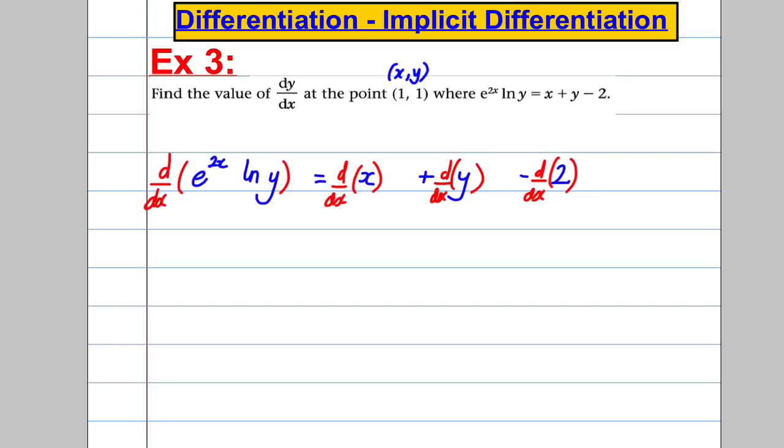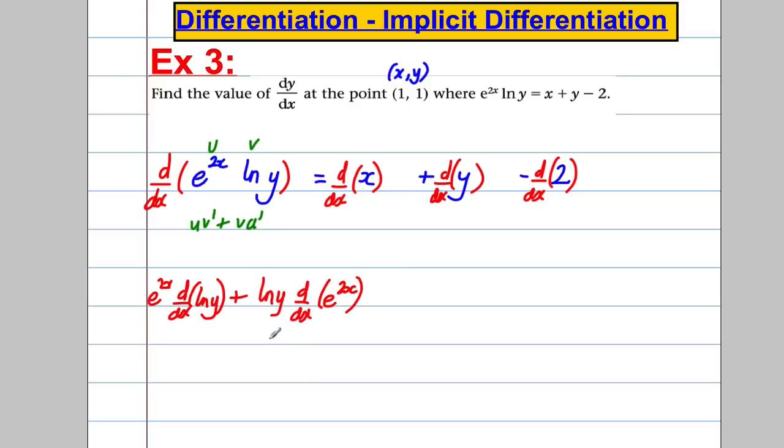Okay? Now, this is a product rule here. You can think of this as u and v. So we're going to use uv dash plus vu dash when we differentiate that. i.e., keep u as it is, so e to the 2x, and we're going to differentiate with respect to x the ln y, the natural logarithm of y, and then we're going to keep the natural logarithm of y as it is, and we're going to differentiate e to the 2x.